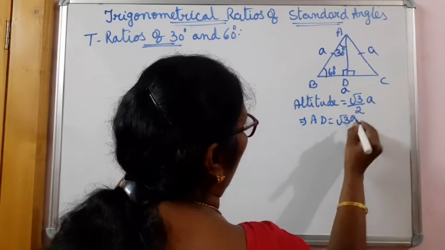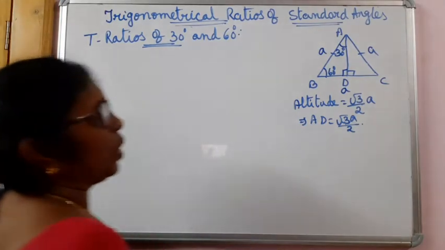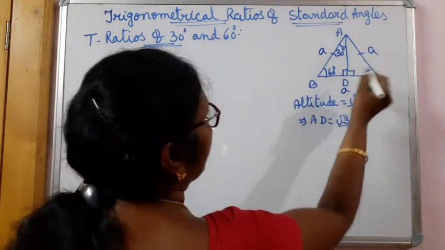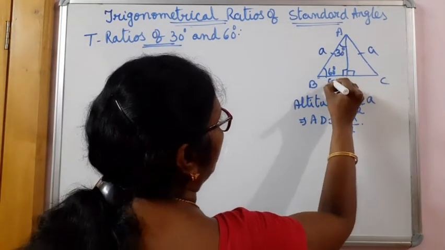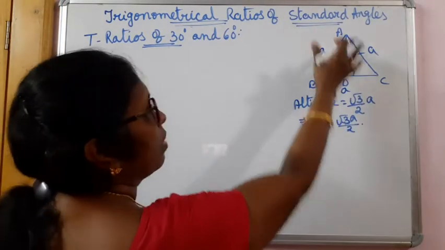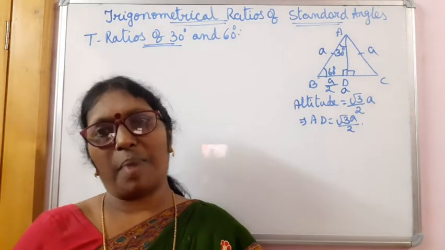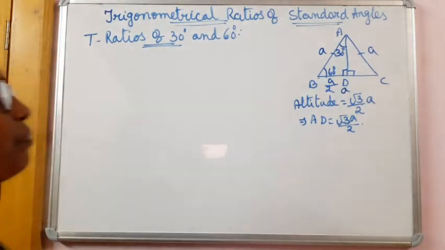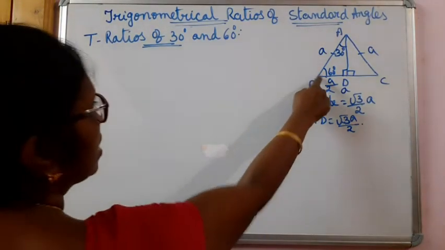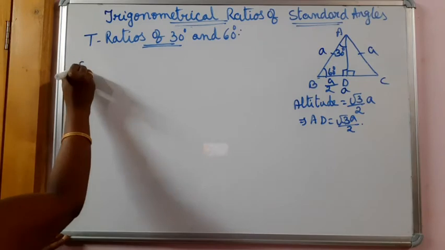And if BC is A, BD will be A by 2, because in an equilateral triangle the altitude bisects the base. Okay, so let us work out for the 60 degree angle.